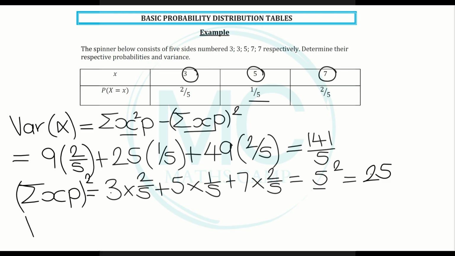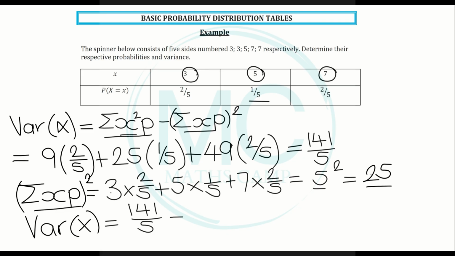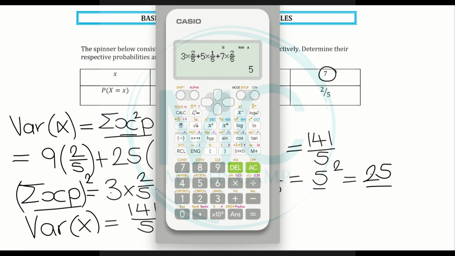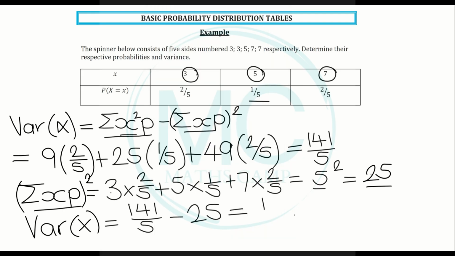Now, to find the variance, I can say the variance is equal to sigma x squared p, which I know is 141 over 5, minus (sigma xp) squared, 25. Take my calculator. 141 over 5 minus 25 is equal to 16 over 5. This is my variance.